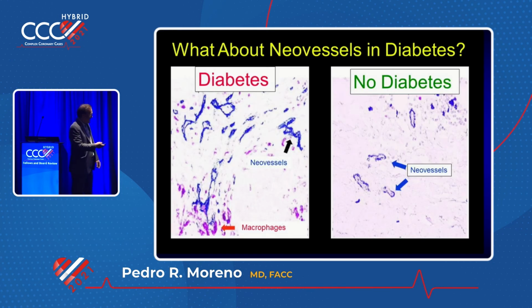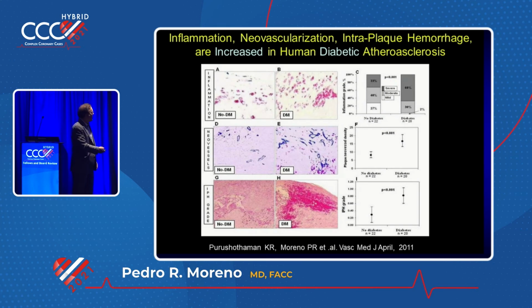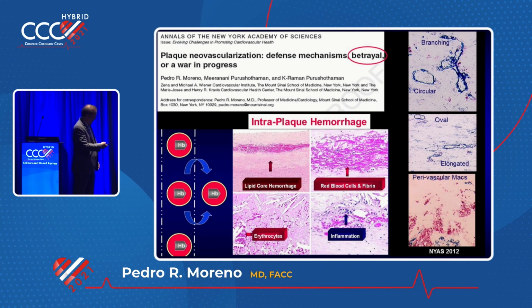Okay, diabetes. You have more intraplaque hemorrhage, more neovascularization, more inflammation. Remember that. And when the red blood cell goes out into the plaque because there is extravasation from this microcirculation, the pH is 2, it's an acidic component.